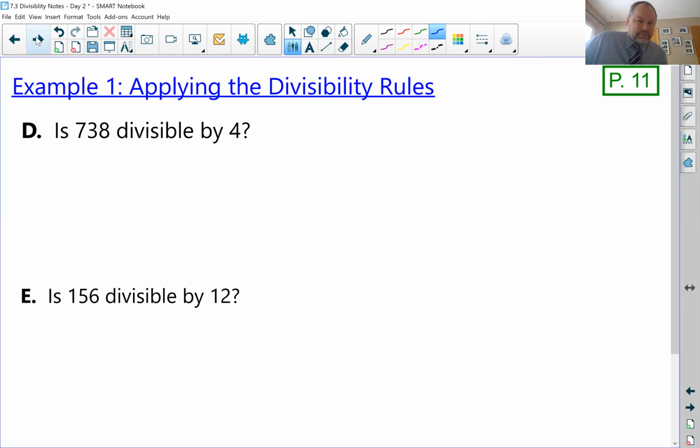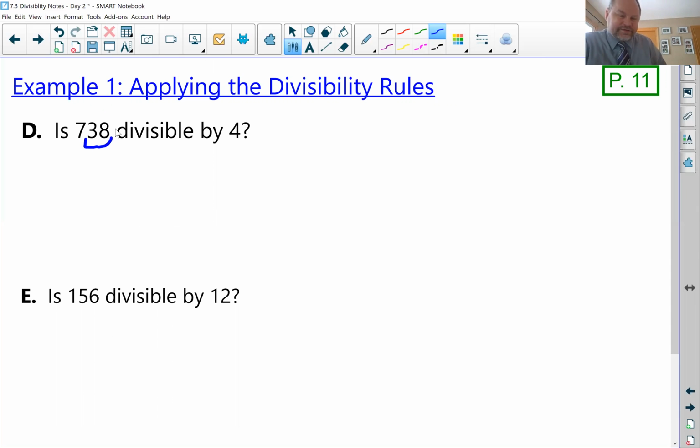All right. Is 738 evenly divisible by 4? So we look at the last two digits. 38.